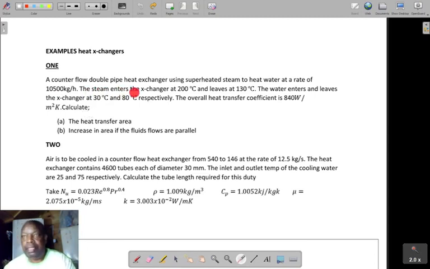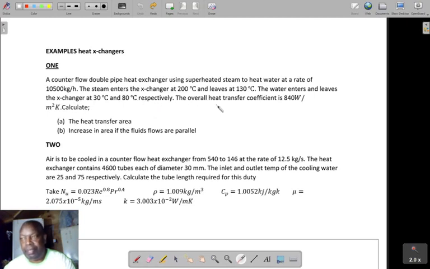The steam enters the heat exchanger at 200 degrees C and leaves at 130 degrees C. The water enters the exchanger at 30 degrees and leaves at 80 degrees respectively.